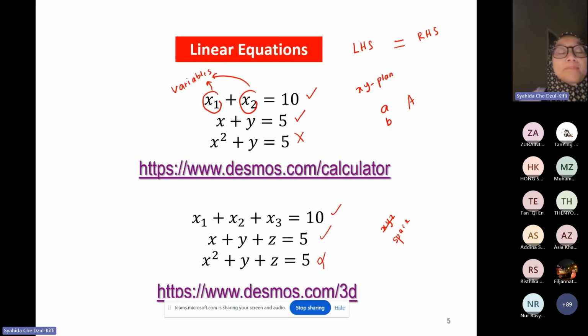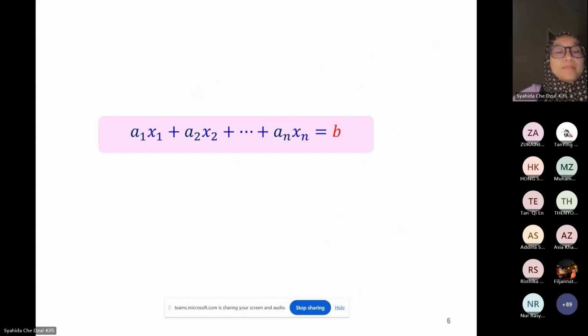So without the help of a graph, we are able to determine whether the equation is linear or not by looking at the form of the equation itself. So in general, any linear equation must be written in this form. Okay, so this is the general form of linear equations.